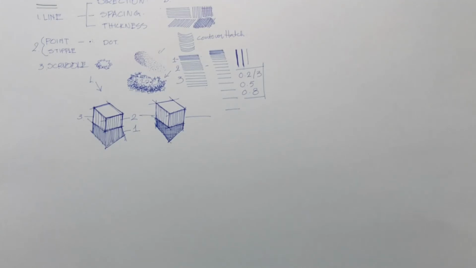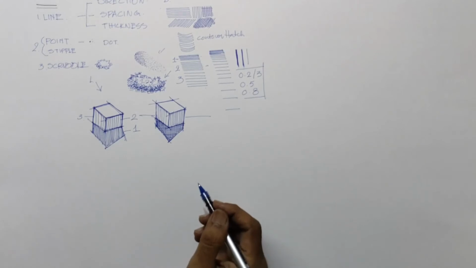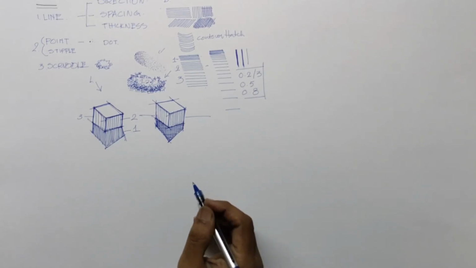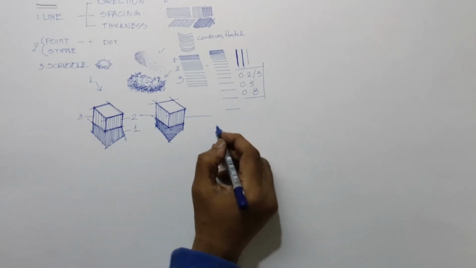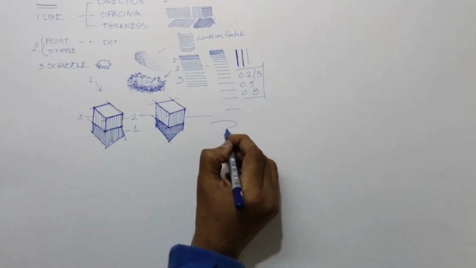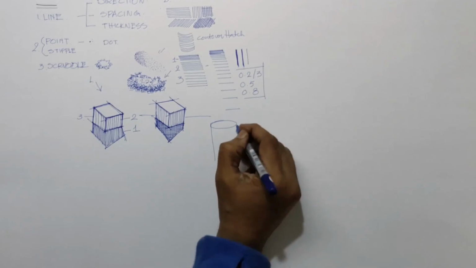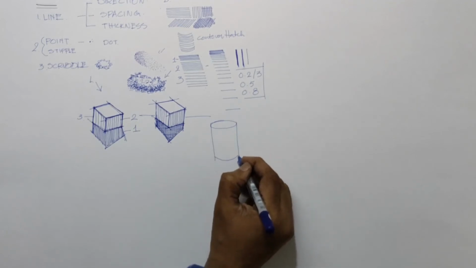And now the second one, when we come down to a contour hatch, all curvilinear surfaces can be done using this kind of a curvilinear or contour hatch. For example, I will draw a cylinder. Fine.